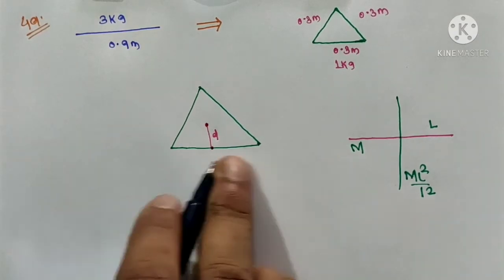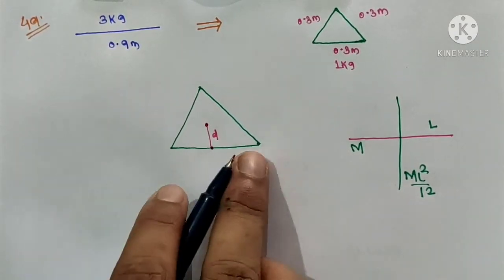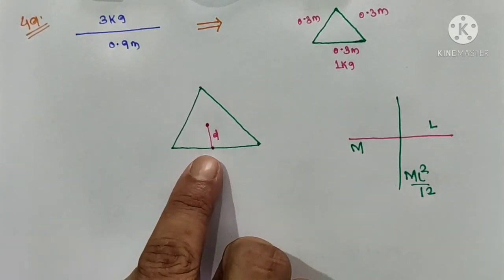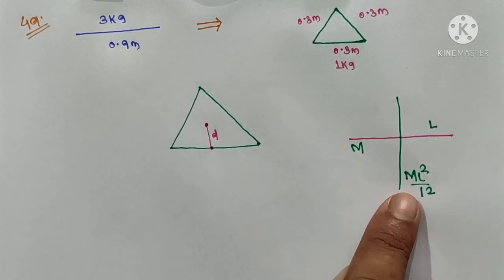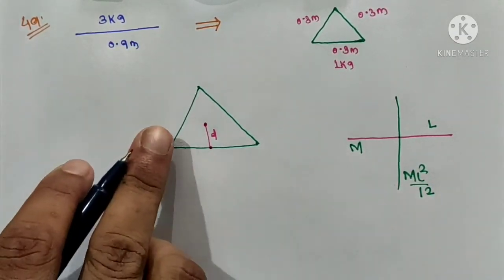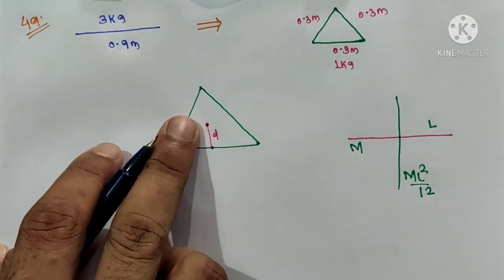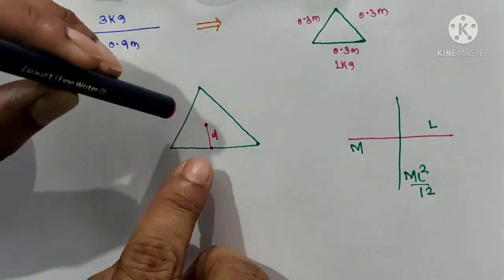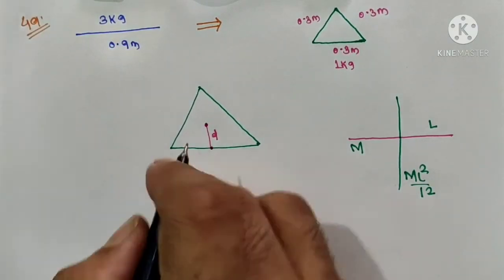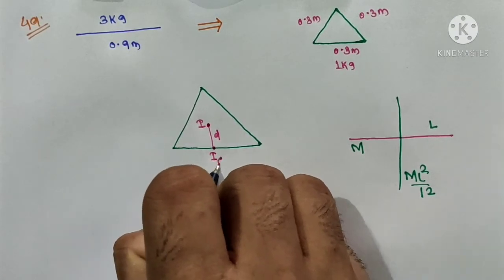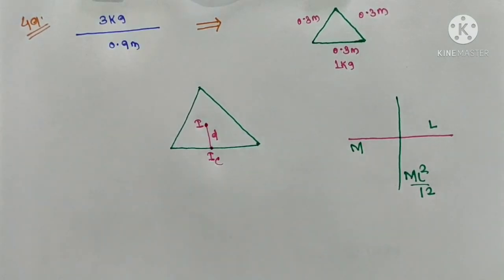So for this side, the moment of inertia about an axis passing through its center and perpendicular to the line will be ml square by 12. Now for the moment of inertia about this axis passing through the center of mass, let this be I, and the moment of inertia of this side about its own axis is IC.